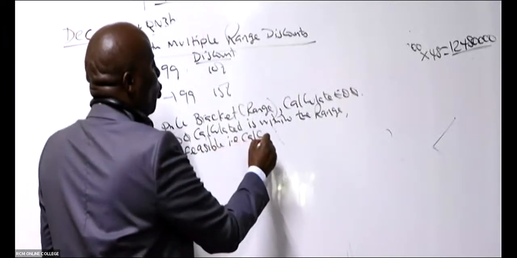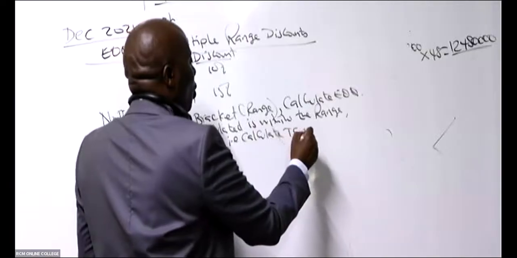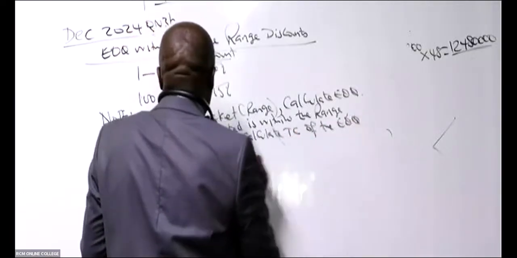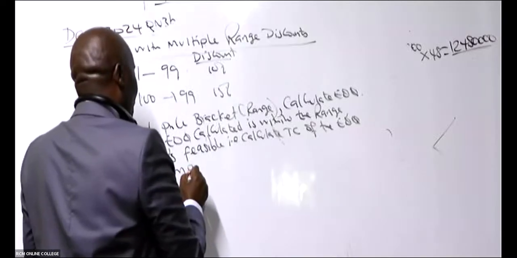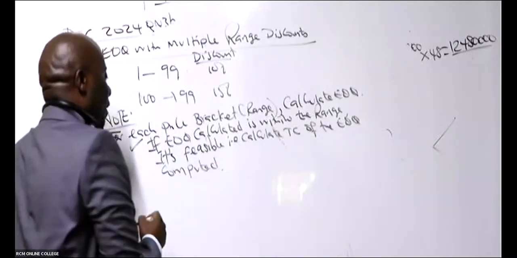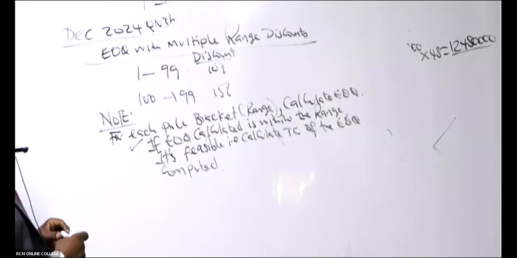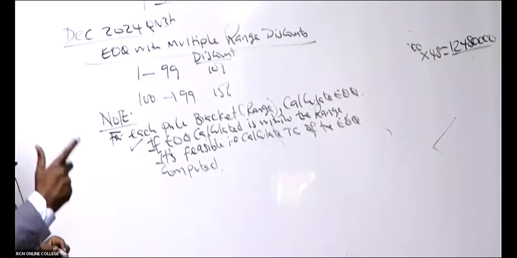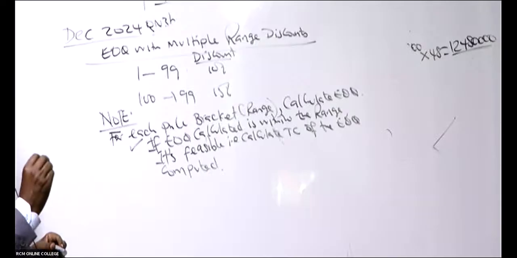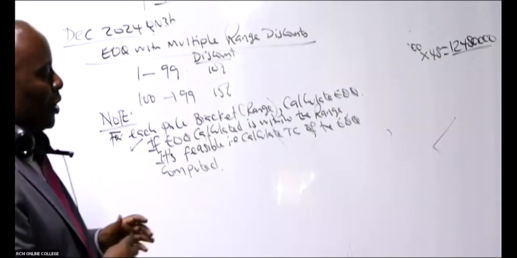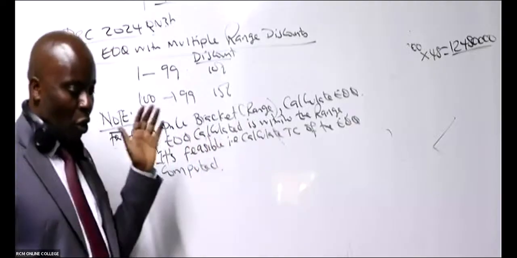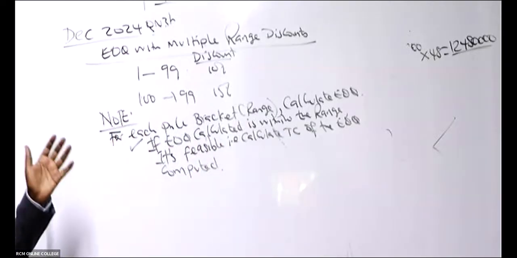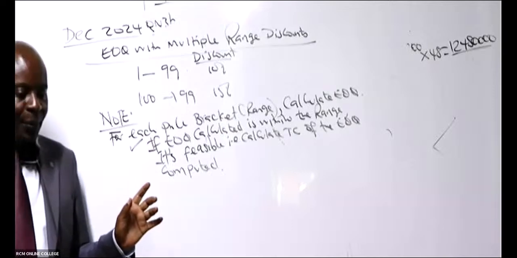I.e., calculate the total cost of the EOQ computed. Feasible means good, practical. That is number one.